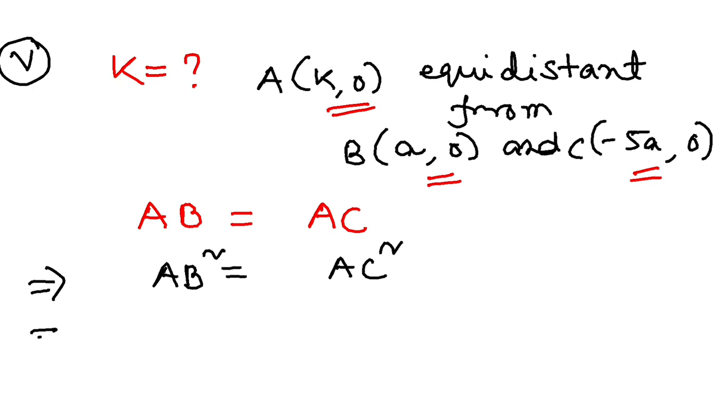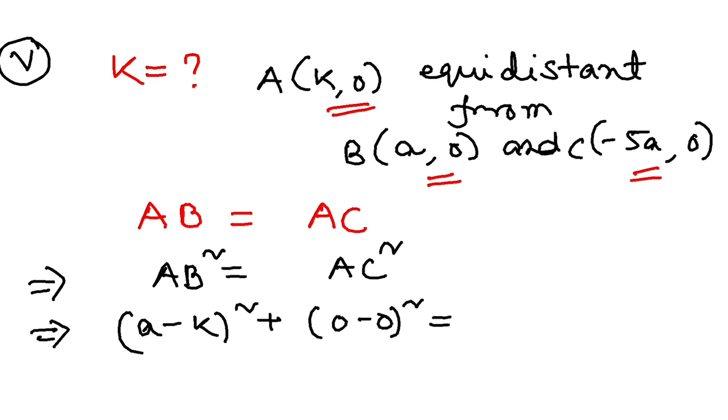So this means if I apply distance formula now, a minus k whole square plus 0 minus 0 whole square equal to, if I go for AC, minus 5a minus k whole square plus 0 minus 0 whole square.